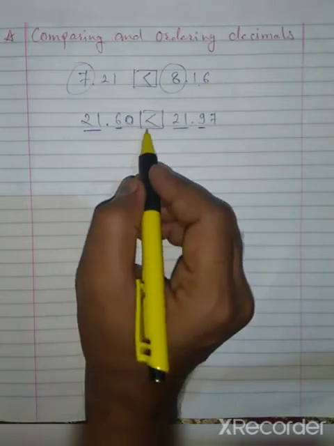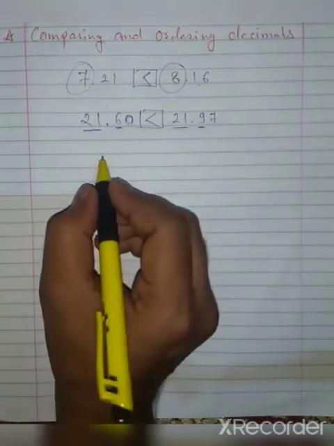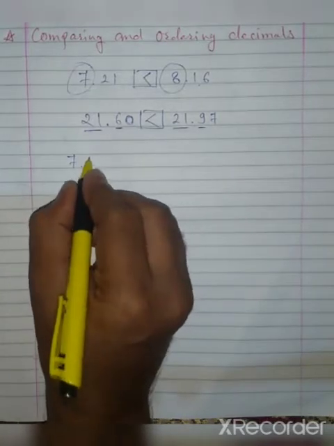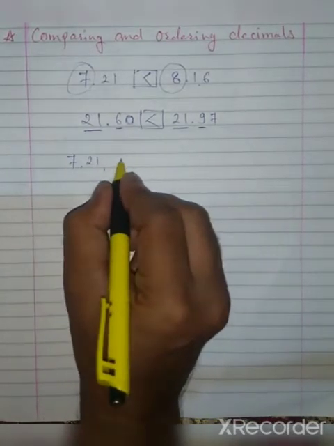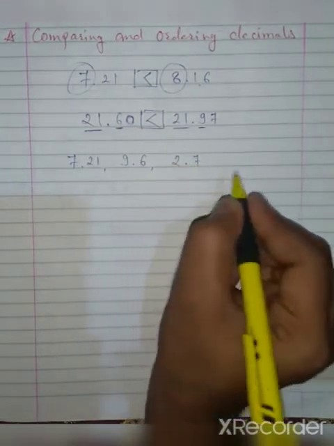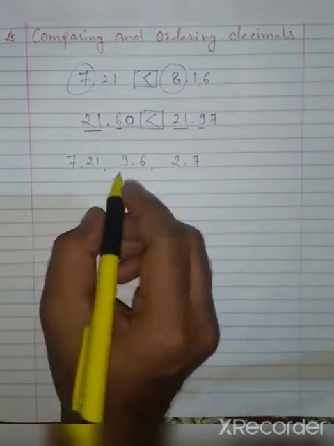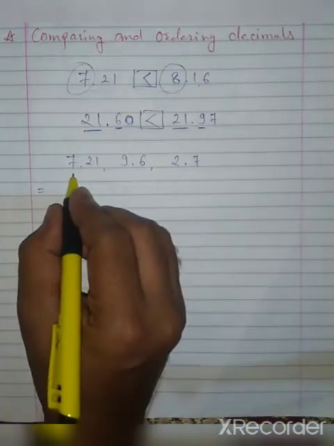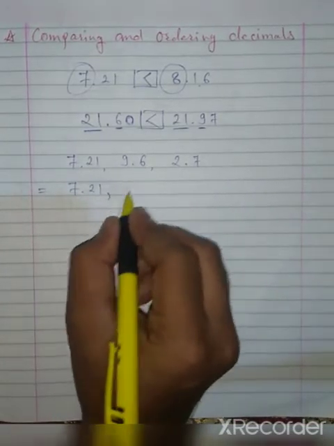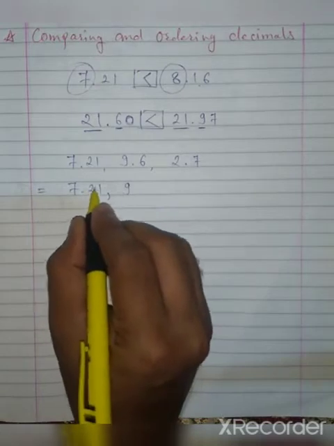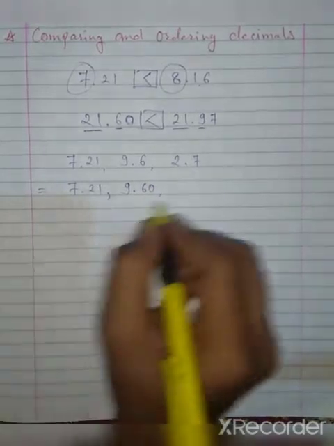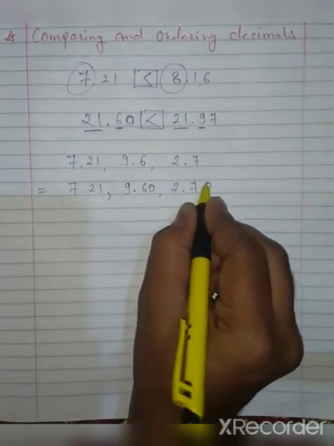With the help of this method you can compare all decimal numbers, and we can do ordering also. So I'm writing a question for ordering: 7.21, 9.6, 2.7. Here first of all, for ordering, convert into like decimals. The highest decimal place is 2, so we will convert into 2 decimal places by putting 0: 2.70.